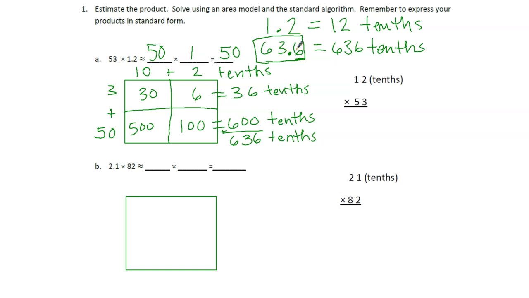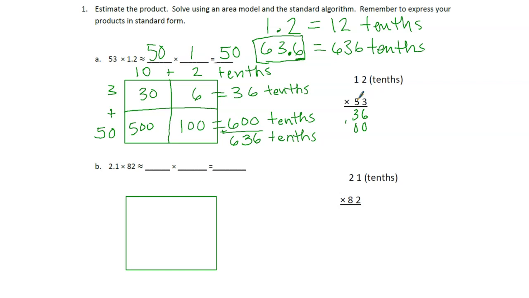Let's look at the standard algorithm here. We have 3 times 2 is 6. 3 times 1 ten is 3 tens. Then we have 5 tens times 2 is going to be my 10 tens.